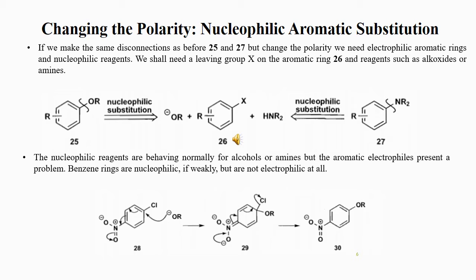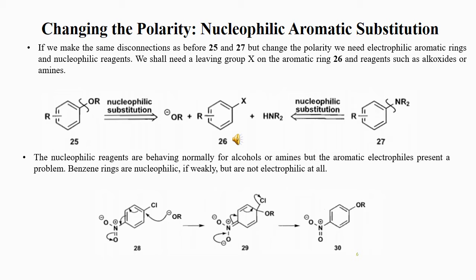Negative means it is rich in electron density, so most of the time it is electron rich, and that can be attractive for an electrophile.